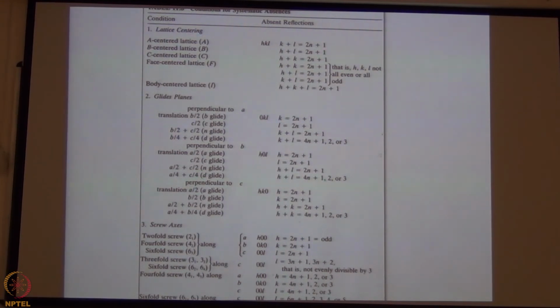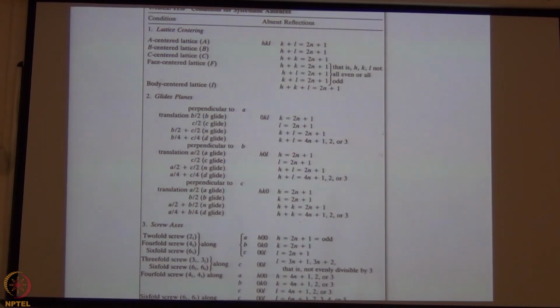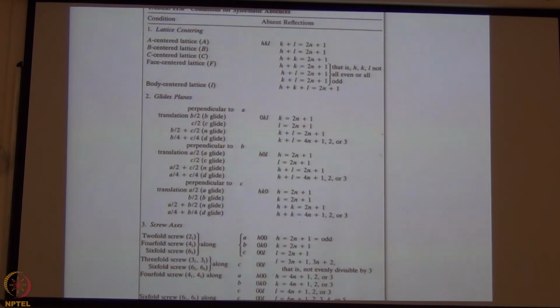So in case of body centered lattice, if it is 1, 1, 1 plane, 1 plus 1 plus 1, 3, odd. 1, 0, 0, odd. 1, 2, 0, not odd. Right? So you can then quickly decide, looking at the HKL values, whether it is primitive or body centered or face centered or one face centered.